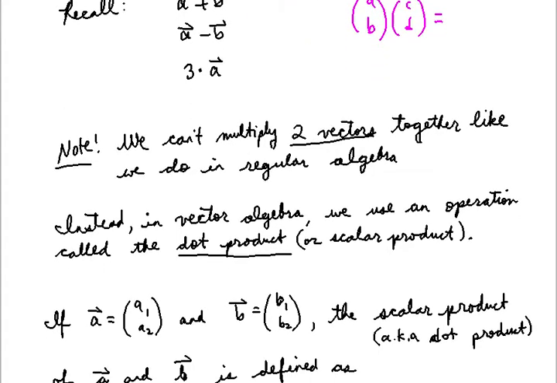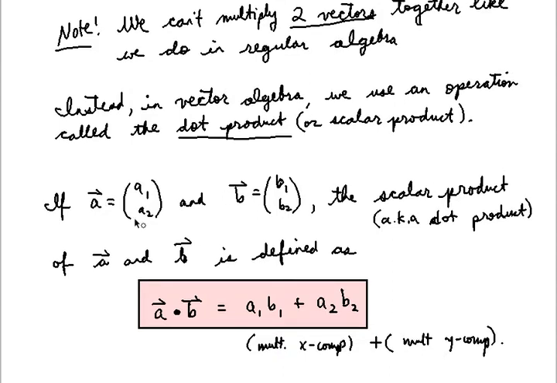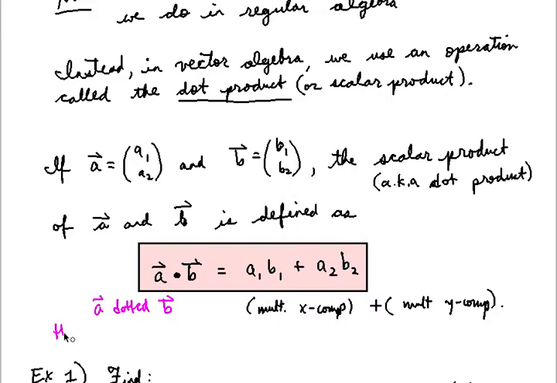If I have two vectors A and B, where A has the components A1, A2, and B has the components B1, B2, then the scalar product, remember this is an operation that I'm doing to these two vectors, also known as the dot product of A and B, is defined as A dotted with B, or you can also read it as the dot product of A and B.